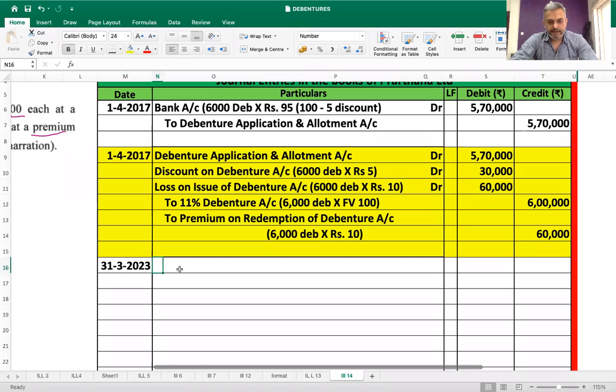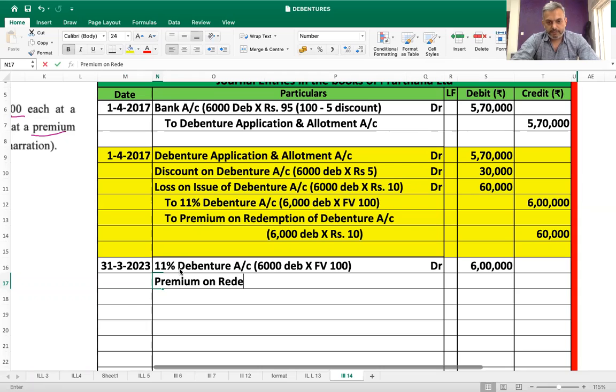We have to cancel the debentures. So 11% debenture account, 6,000 debentures into face value 100, debit 6 lakh. Now we have to pay this liability, so we debit the liability.